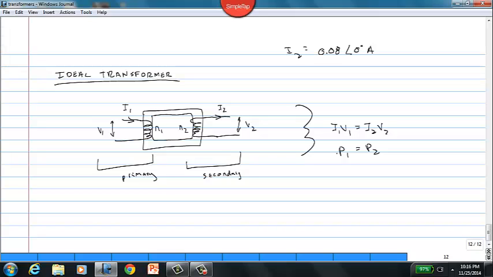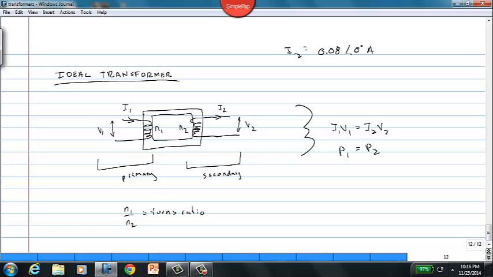So we're going to use that, and we're going to introduce one more piece of information into the puzzle, and that has to do with N1 and N2. If we divide N1 by N2, we get what's called the turns ratio of the ideal transformer.